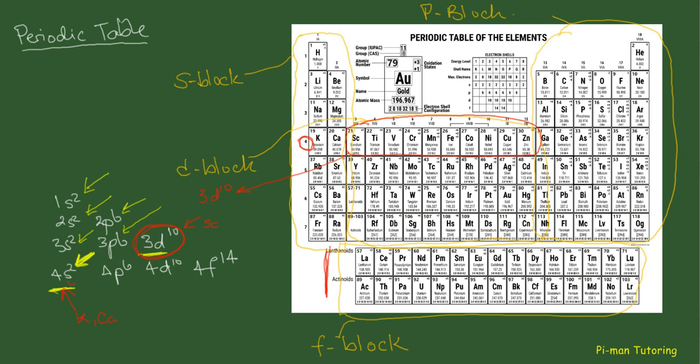So you start filling up the 4f when you're actually in period number 6. Okay, so that's just one quirk to watch out for. And as long as you remember your Aufbau table, you should be just fine. Now, without further ado, let's do some examples and solidify all this information.